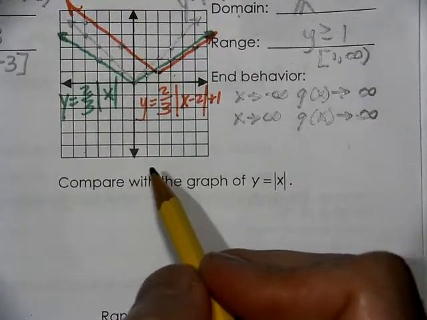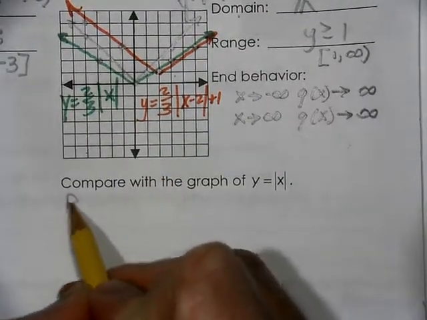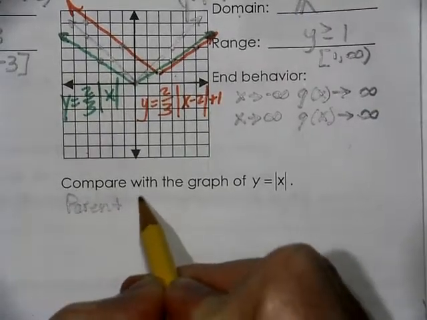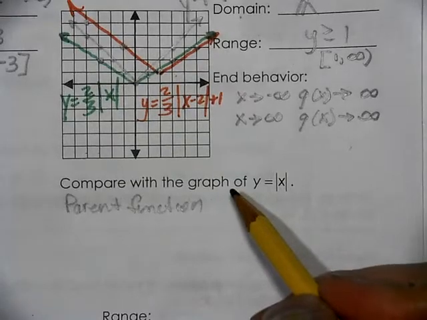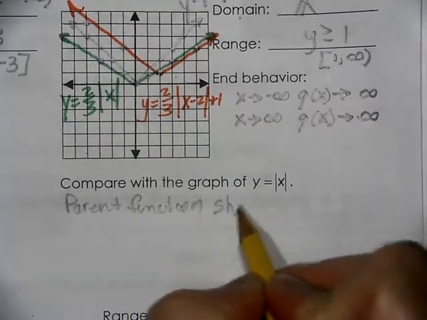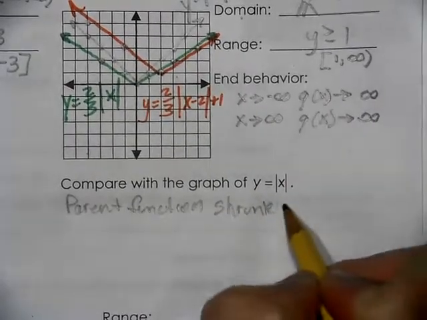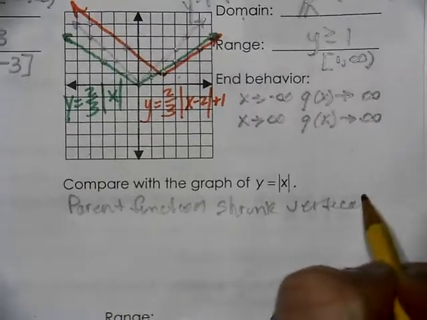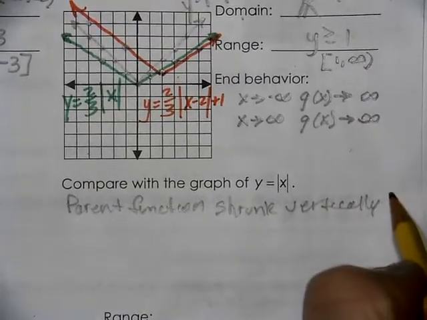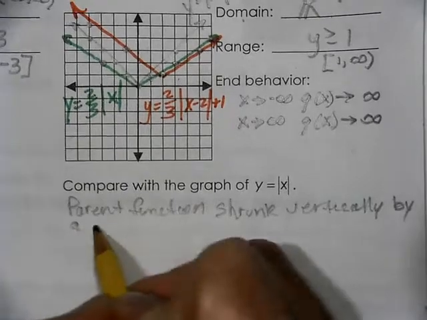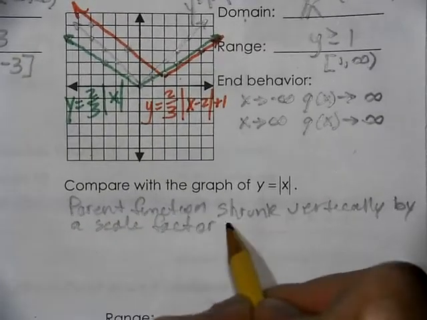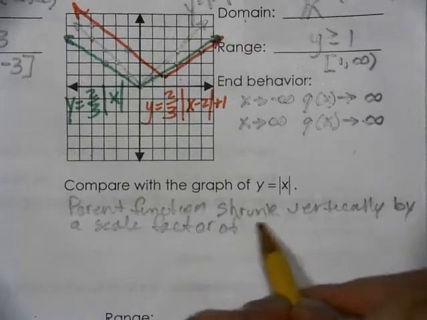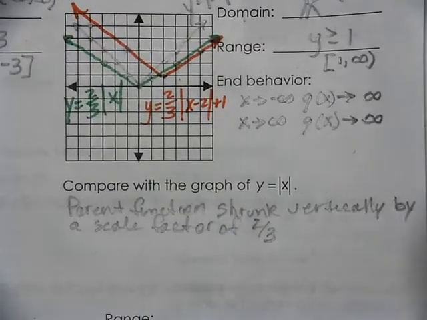In our comparing, the parent function, there's no reflection, so it's shrunk vertically by a scale factor of 2/3.